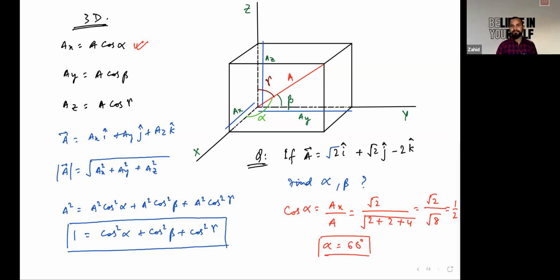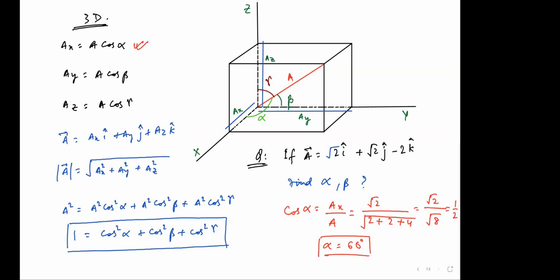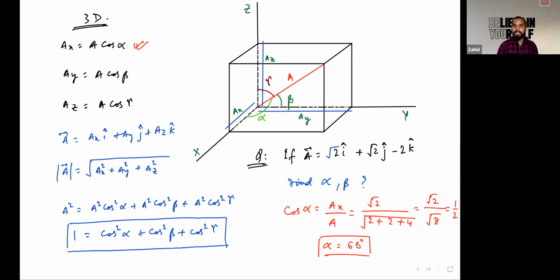Is it clear? Yes, sir. So this is how we calculate alpha, beta, or gamma depending upon any component of the vector. And there is a relation as cos square alpha plus cos square beta plus cos square gamma is equal to 1. Samara, is it clear?